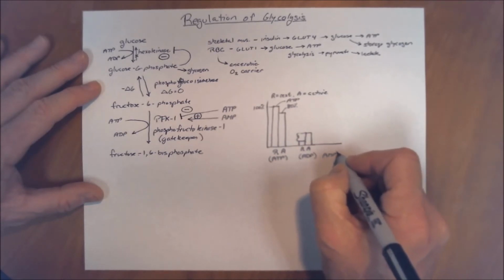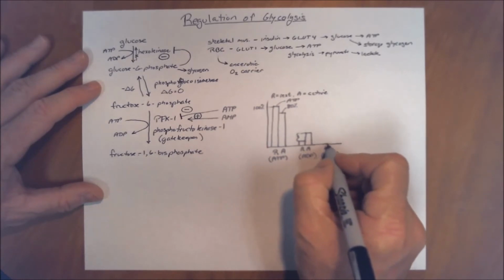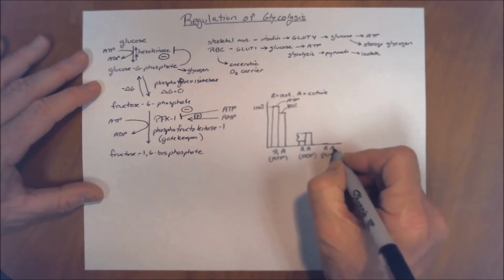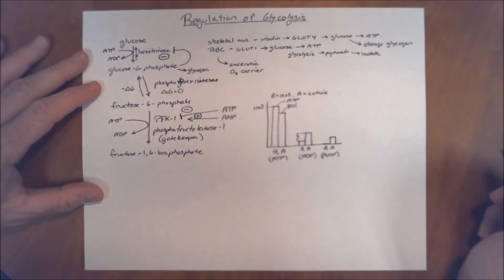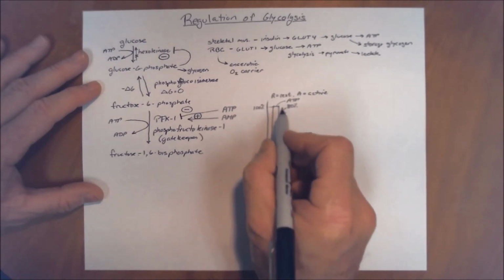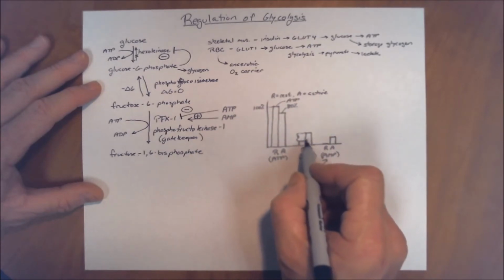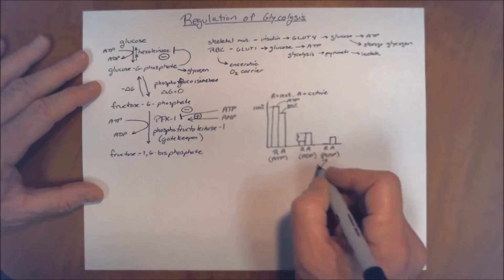Now let's look at AMP. AMP at rest is 0. In the active state, AMP becomes measurable.